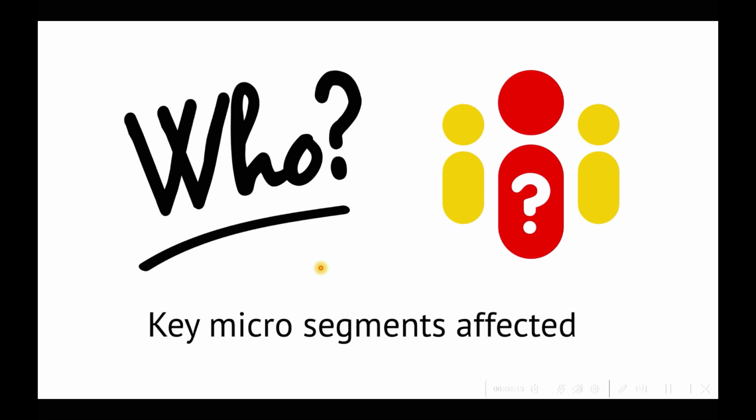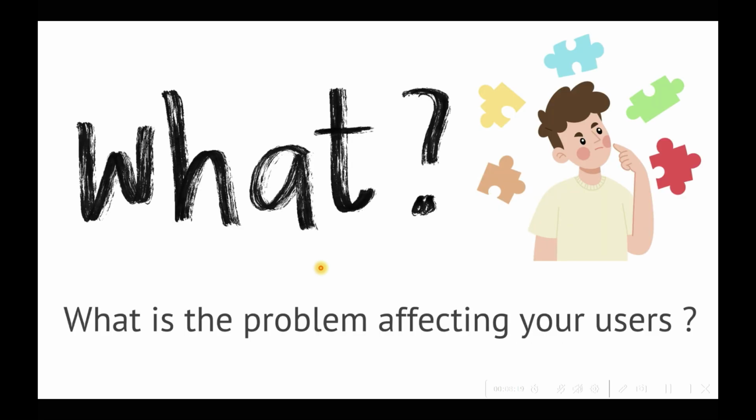Number two is what is the problem that is affecting your users? Means this is where you are defining the problem to the best of your knowledge. Now, while who is typically a fixed definition, what keeps on changing. Because today, let's say you spoke to some folks and you discovered the problem.